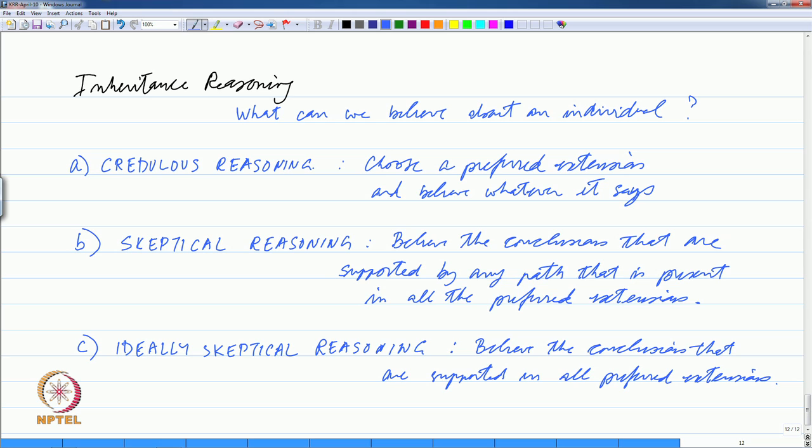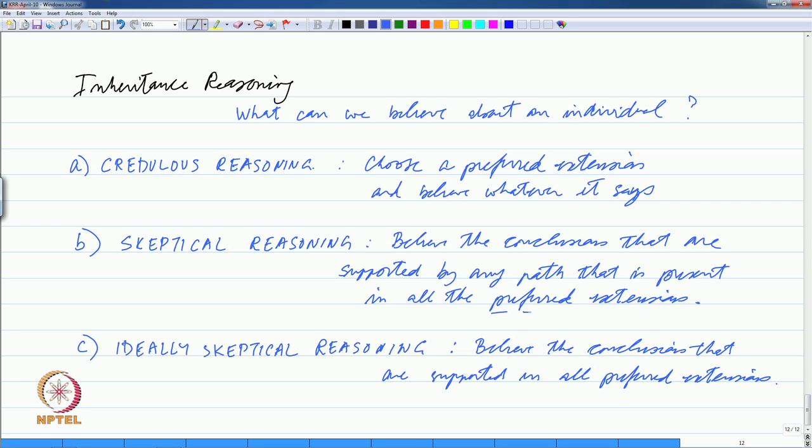So, both B and C, both skeptical reasoning and ideally skeptical reasoning, say that all preferred extensions must support this particular fact, that A is an X, that Clyde is grey or Peppy can fly or whatever, essentially. All credulous, all preferred credulous extensions must be there. So, this preferred is important in both these.